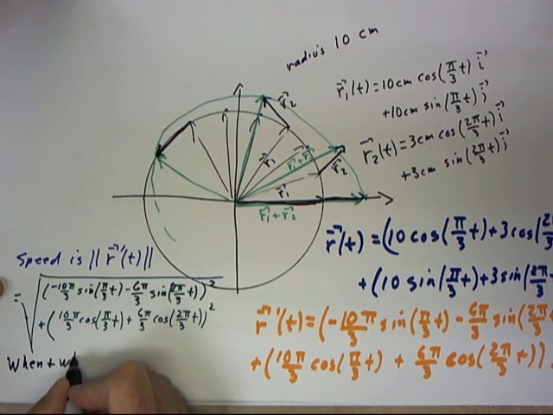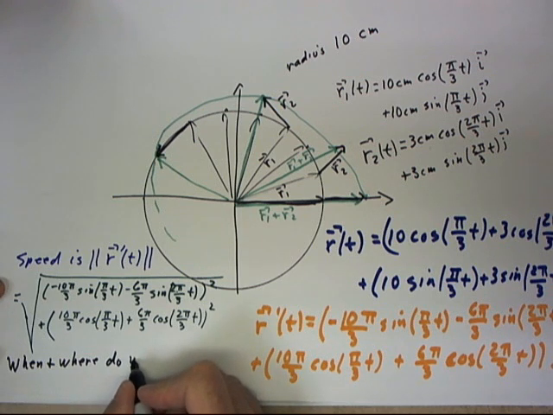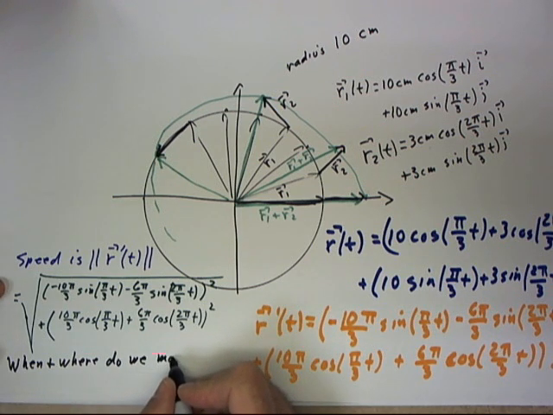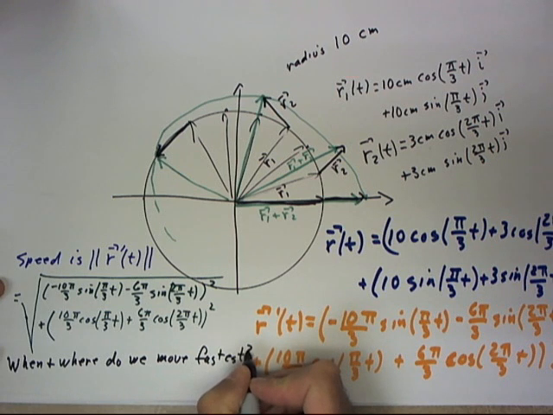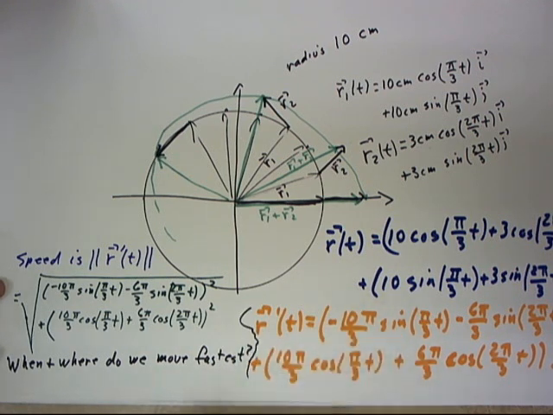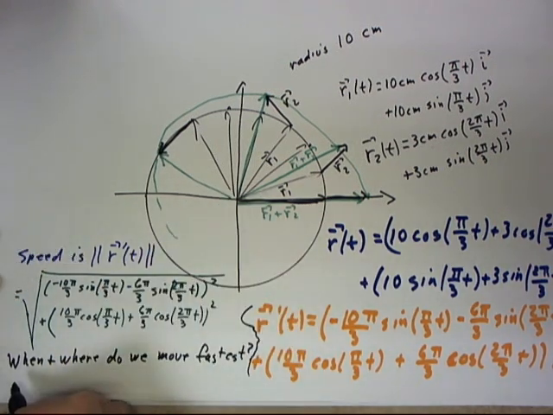And what if we want to ask the question, when and where do we move fastest? What would we have to do? We would have to take the derivative of the speed.